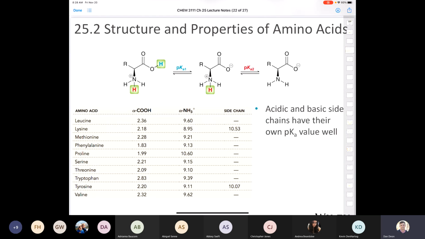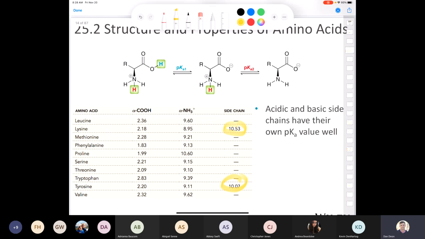Again, for example, we have lysine, tyrosine. When we have an R group that has a proton that's acidic enough, it's going to have its own pKa associated with it as well.